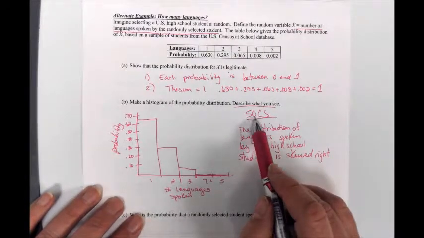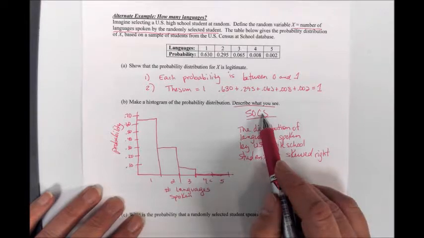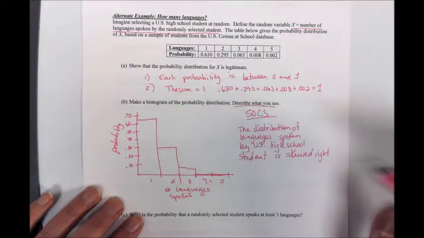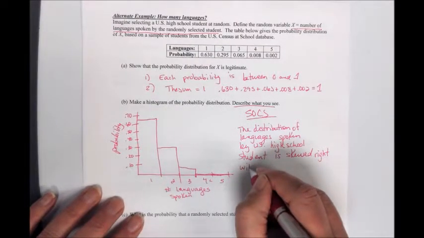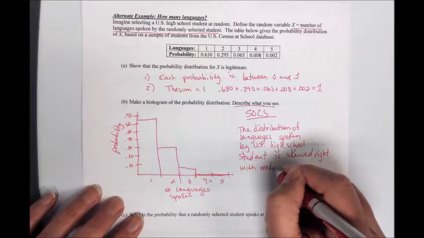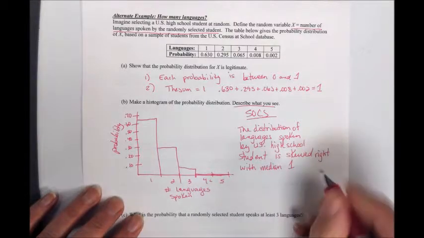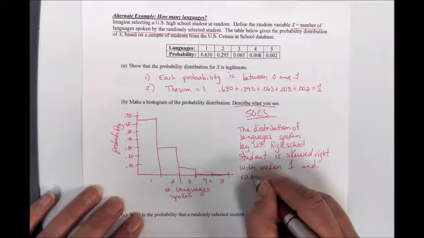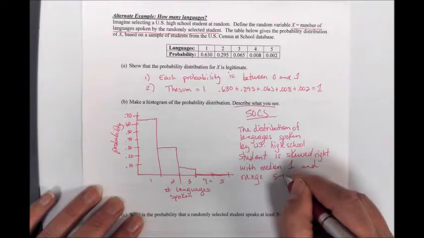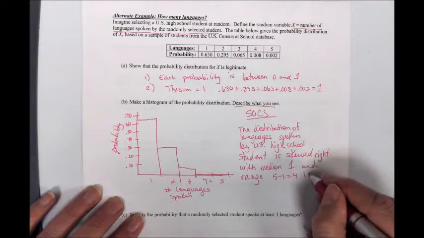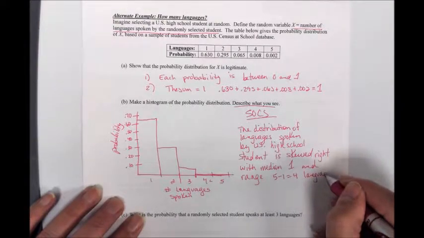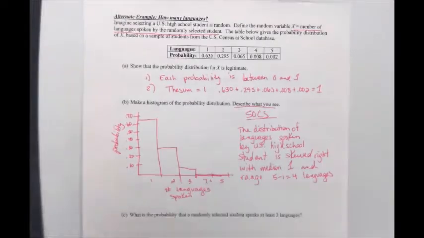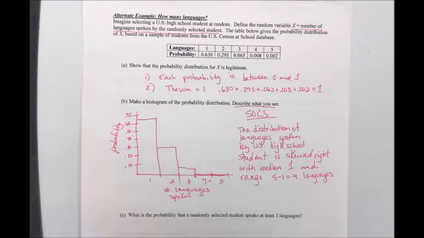So possible outliers, the center, your center that's so high, the middle 50% is still in block 1, so the median or center, so there's my center with median 1, and the range is my spread, and the range is 5 minus 1, the range is 4 languages. So again, describing a distribution is talking about SOCS, shape, center, spread, any unusual features.